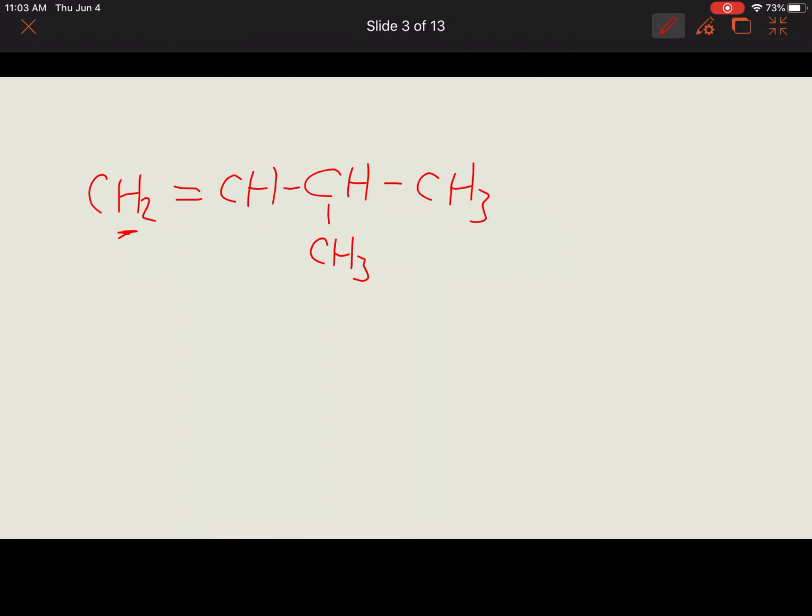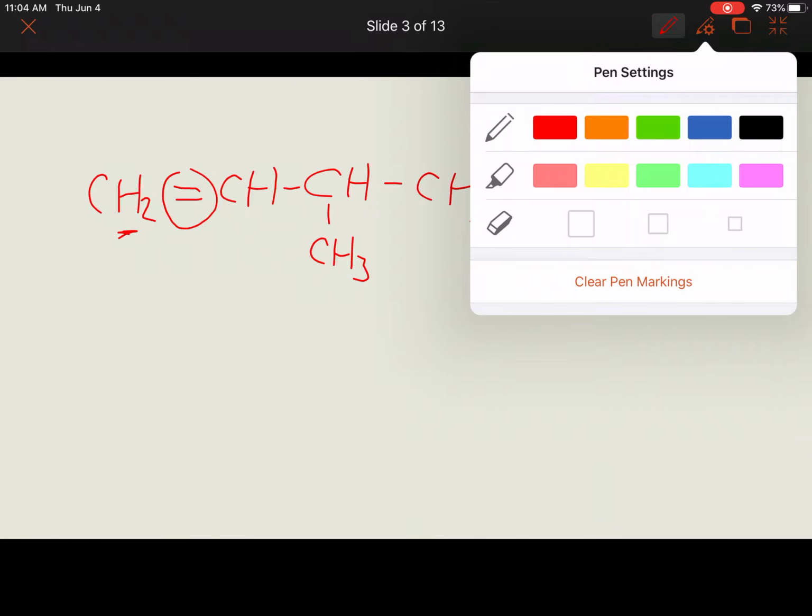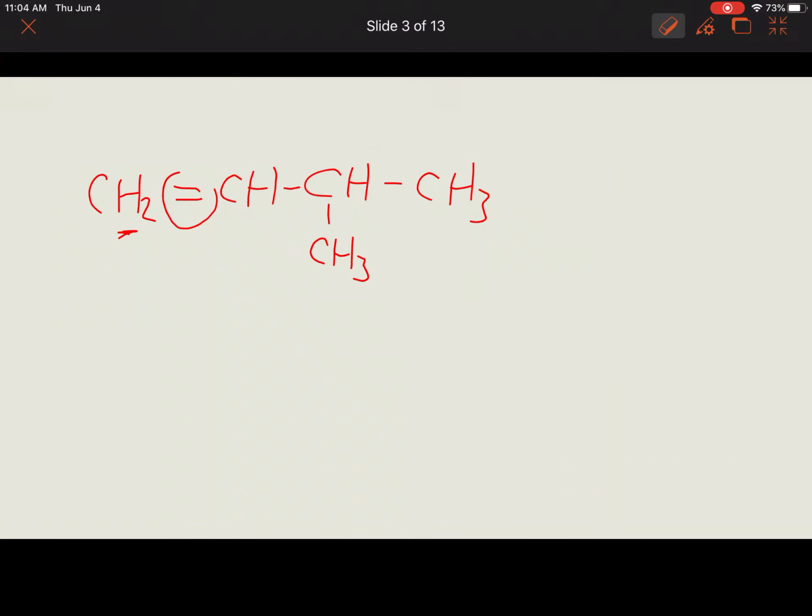That is because carbon, as we know, only makes 4 bonds. So this double bond counts as 2 bonds. So the first carbon here has 2 bonds because of that double bond, and so it only has room for 2 hydrogens from there. I'm just going to erase that.